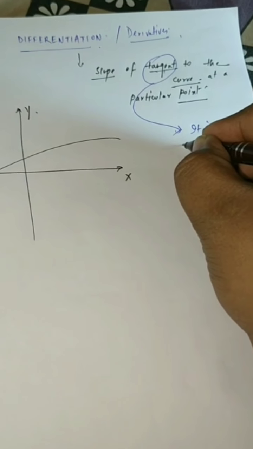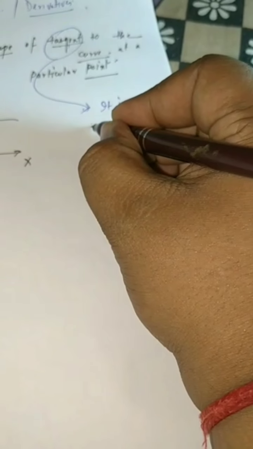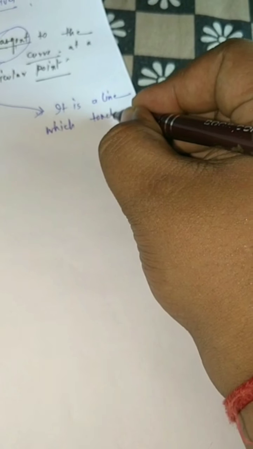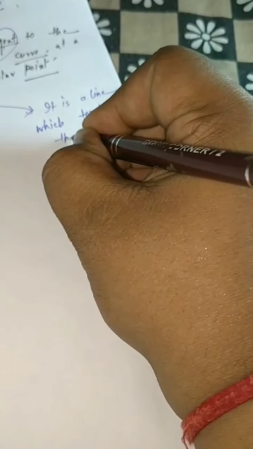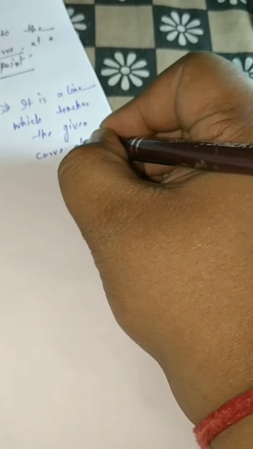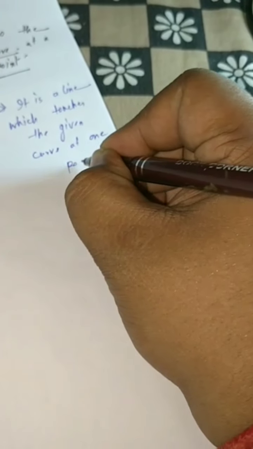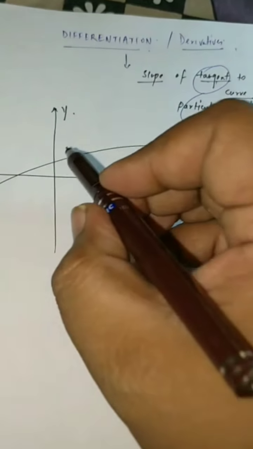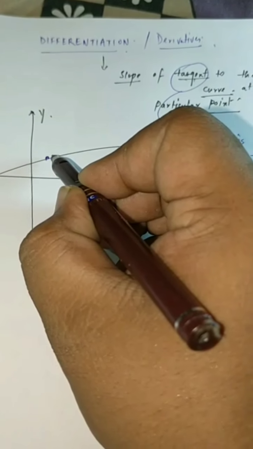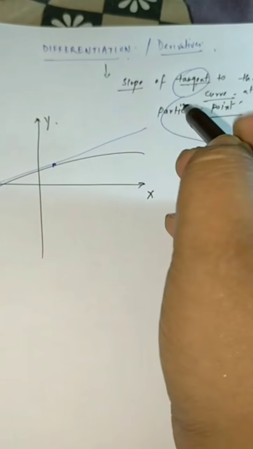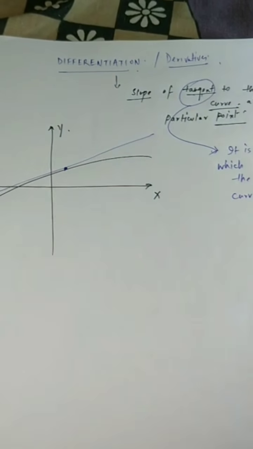It is a line which touches the given curve at one point. So if we talk about a tangent here, let this be that point from where the tangent is going to pass. So this is the required tangent, thus it is passing from this point.